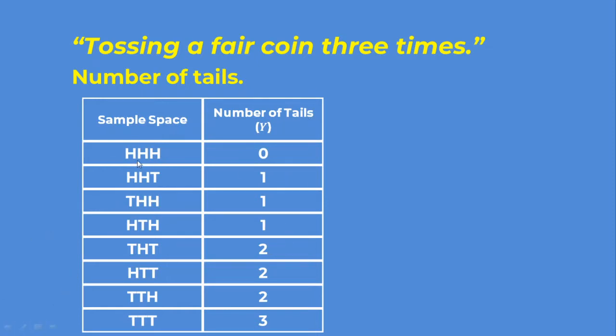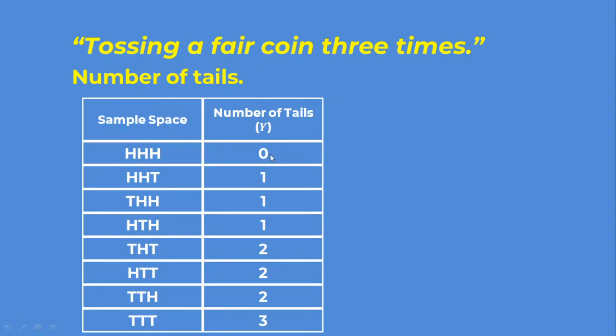So sa first outcome natin na tatlong heads, ang equivalent niyan sa number of tails, syempre 0. The next one is 1, and so on. Pagdating dito sa panglimang outcome, dalawa na ang equivalent niya kasi dalawa na yung tails niya hanggang sa dito. Pagdating sa last outcome, tatlong tails, so ang equivalent niya is 3.